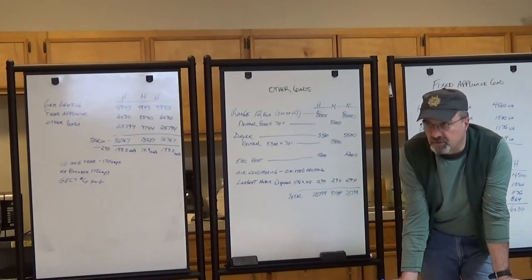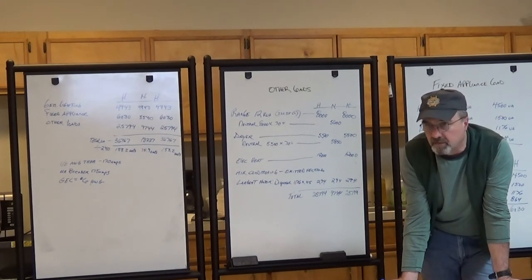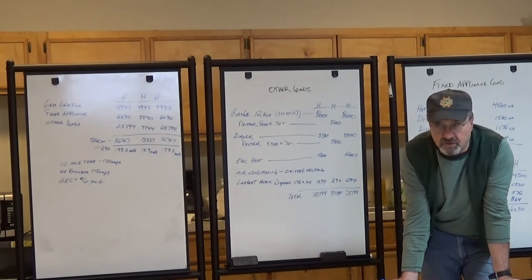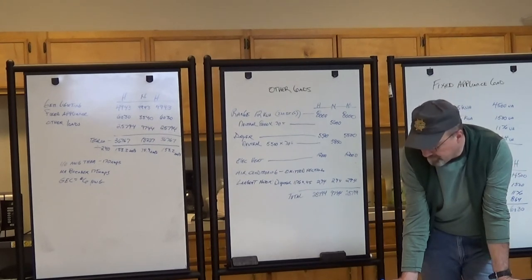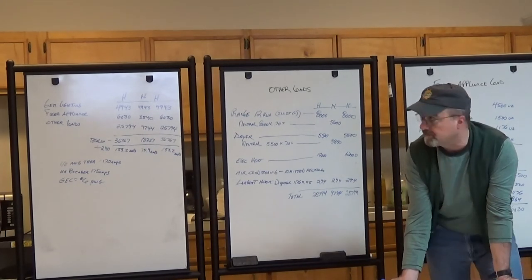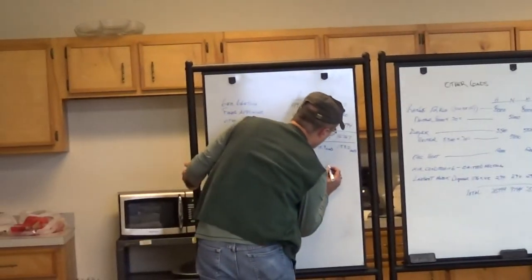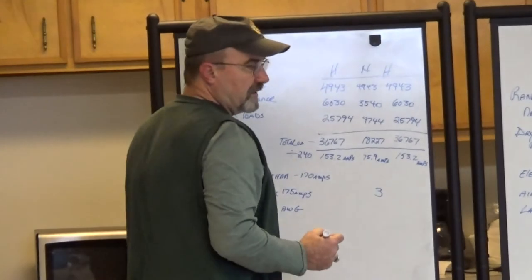Two won't cover it, since two is only good for 30 amps and our demand is 33.75. Or we could install two 20 amp circuits, but we'll go with 15 for this example. So we need 3 spaces for the general lighting.